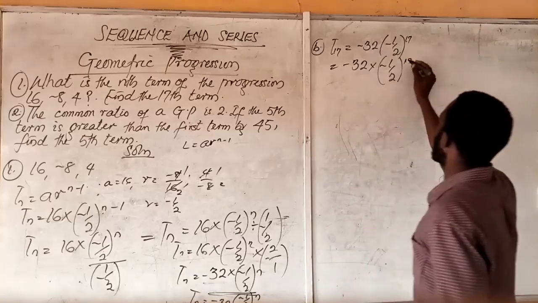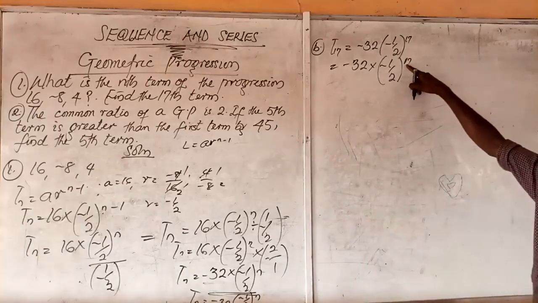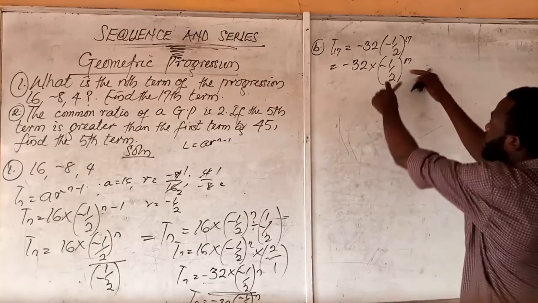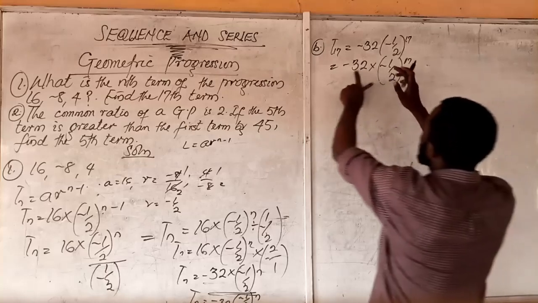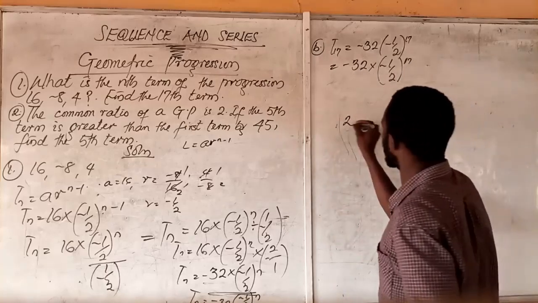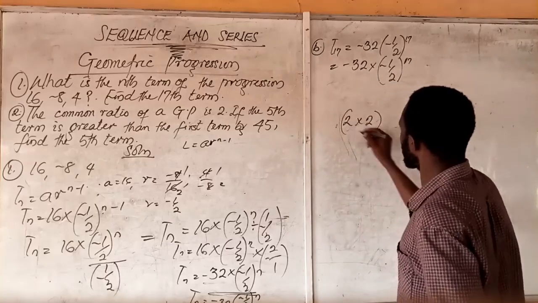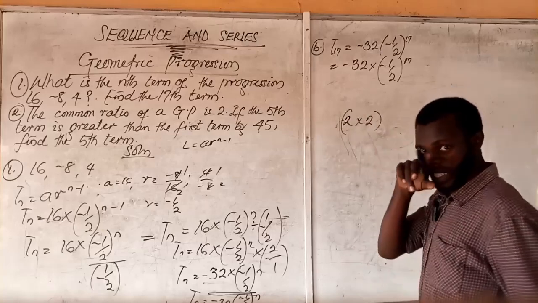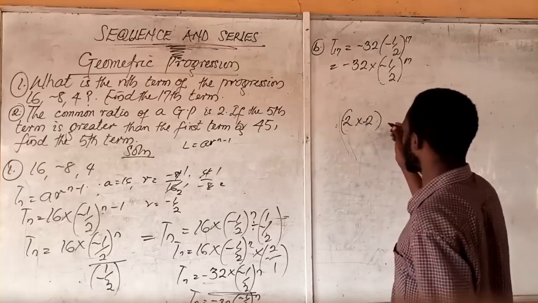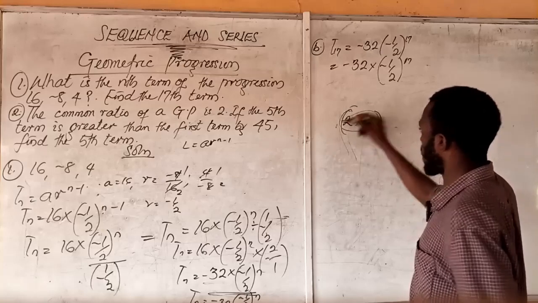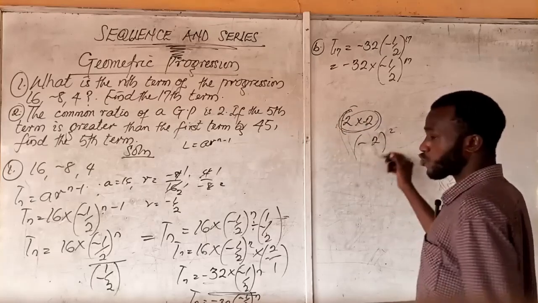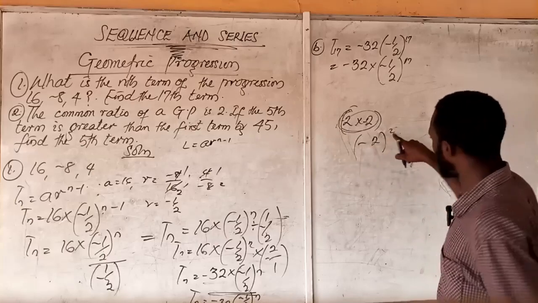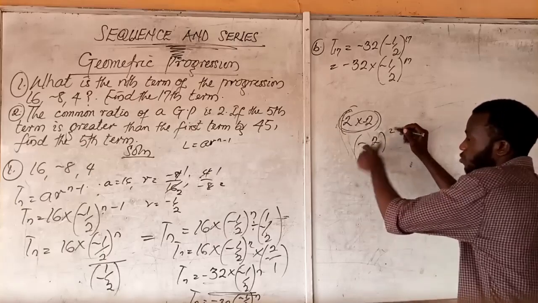Now because this power is an odd number, our minus will be retained. That is clear. For example, I have 2 times 2. If a minus was in front, if it was minus 2 times minus 2, because it is squared, the power here is minus 2 raised to power 2, because it's an even power, the minus will cancel out.